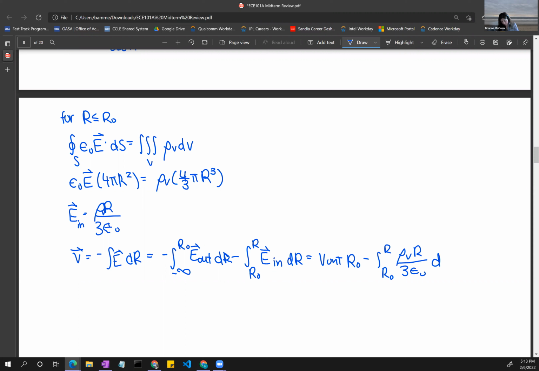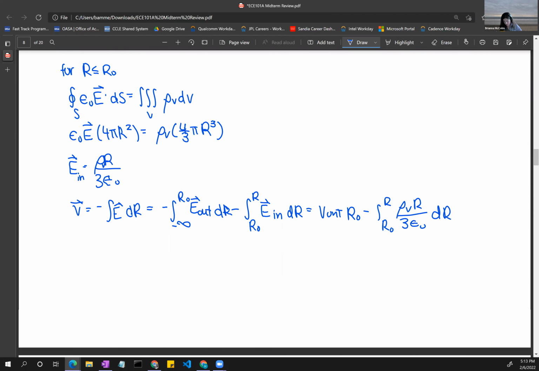So you can go through and plug in the specific expressions. I'm just skipping some algebraic steps here, just in the interest of time.